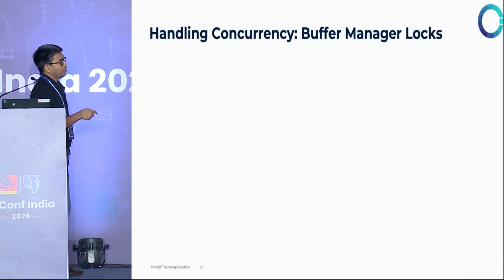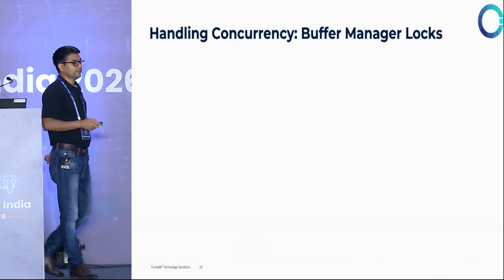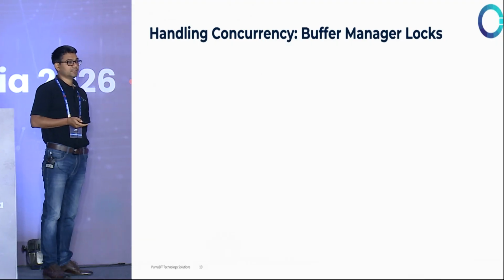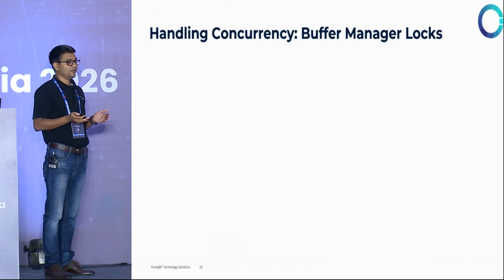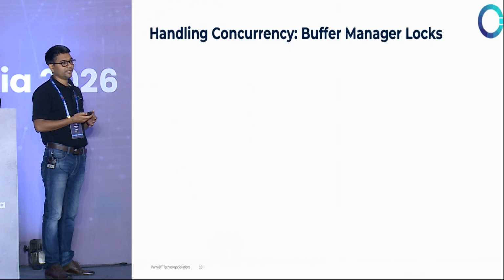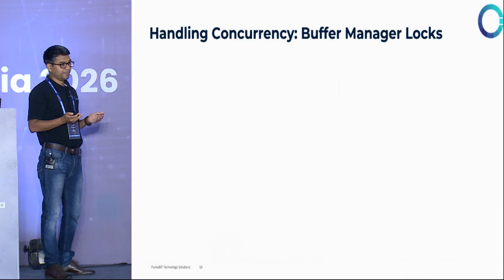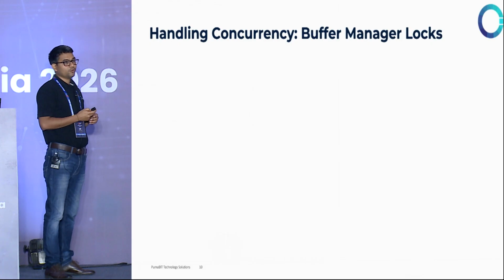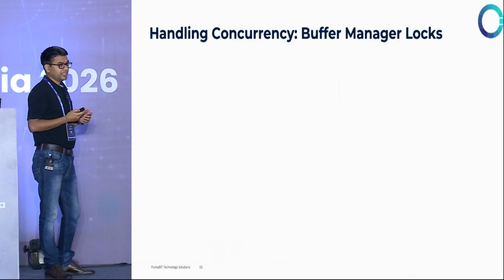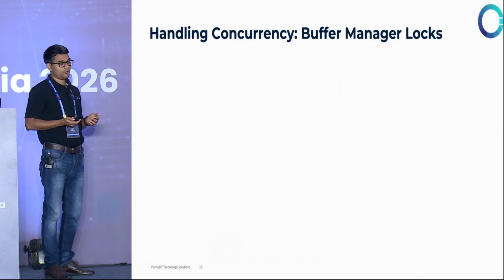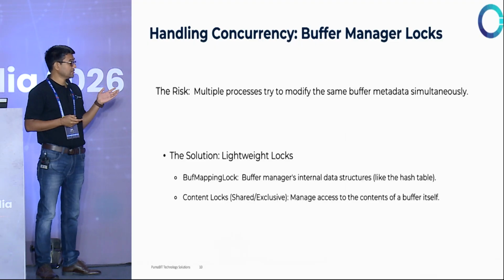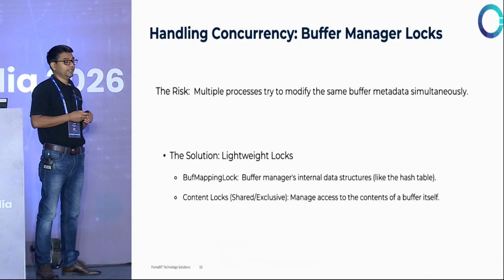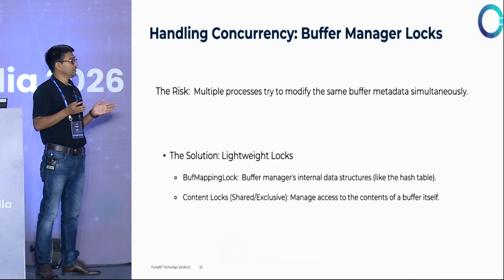Now we'll talk about concurrency. Since we have multiple backend processes accessing the same hash table or the same page slot, it is possible that there could be memory corruption or a conflict, and to manage that, the shared manager has a locking mechanism: a buffer mapping lock to keep the data consistent in my buffer table.